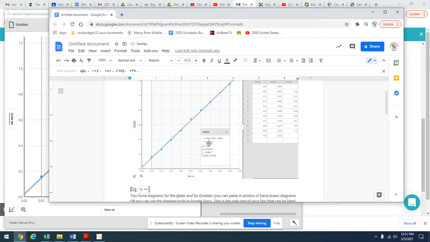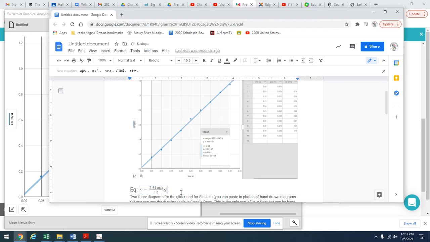Velocity equals 2.54 by slope. And units of rise, meters per second, over seconds times out of my equation there.